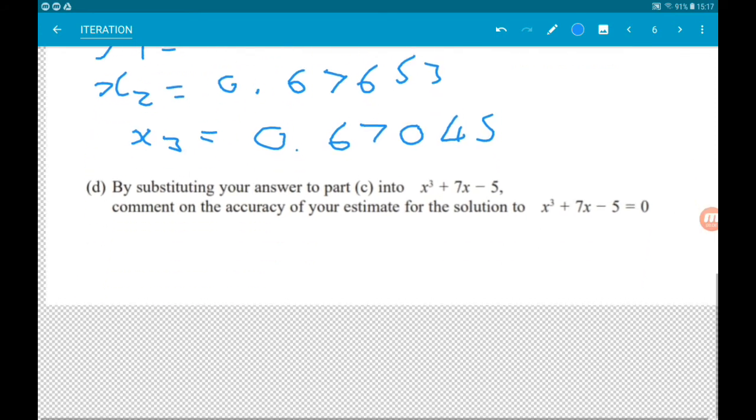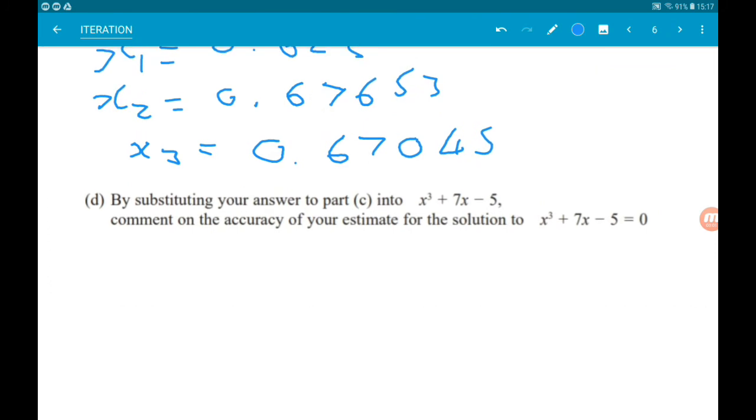Okay then, for the final part, by substituting your answer to part C into x cubed add 7x minus 5, comment on the accuracy of your estimate for the solution to x cubed add 7x minus 5 is equal to 0.